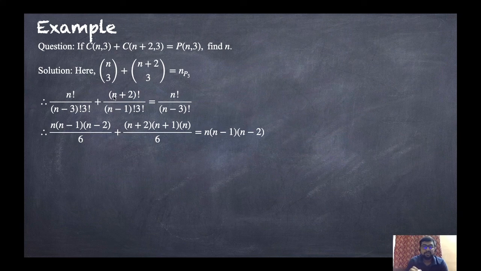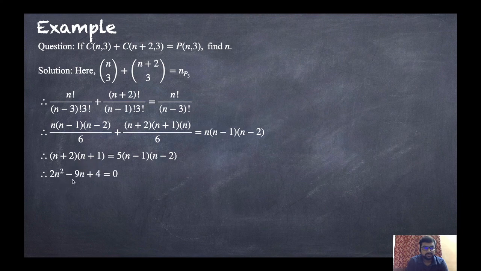So (n plus 2) factorial can be written as (n plus 2)(n plus 1) n and (n minus 1) factorial. So what will remain is (n plus 2)(n plus 1) n by 6. And in the same way here, n factorial can be written as n(n minus 1)(n minus 2)(n minus 3) factorial. So this is the remaining. Now just open this. Okay, so you will get this.